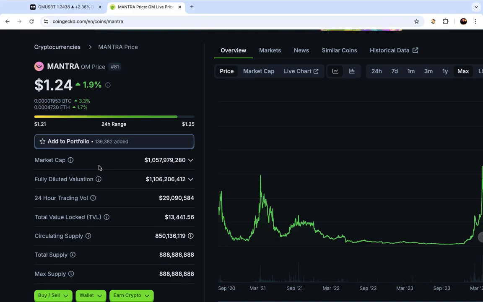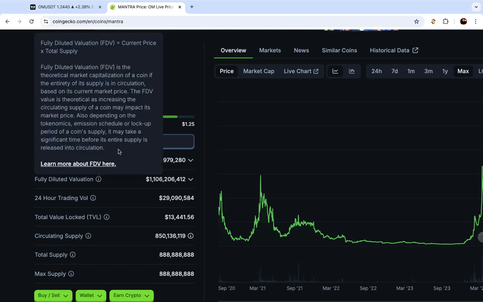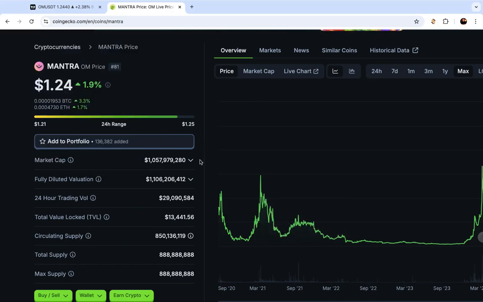Basically, the market cap is each token in circulation multiplied by the price. So that's how you determine what the market cap is in comparison to the fully diluted valuation. If you take a look at the fully diluted valuation and the market cap of OM, it's a very well balanced equilibrium, which is going to help us understand the real value of the OM token.